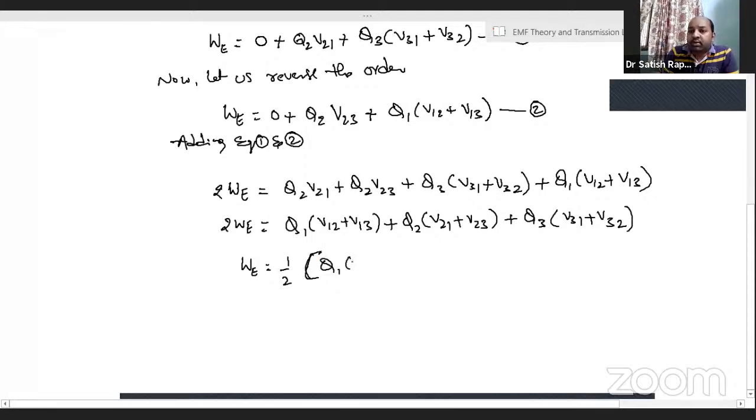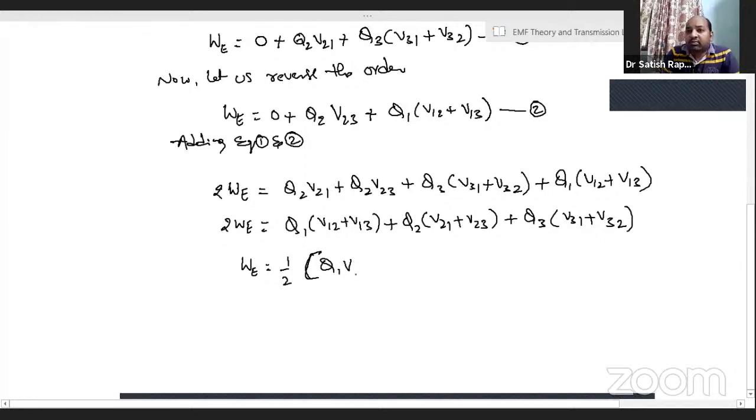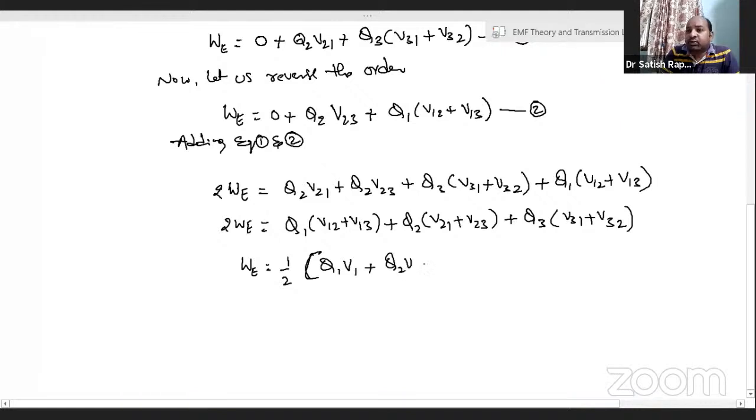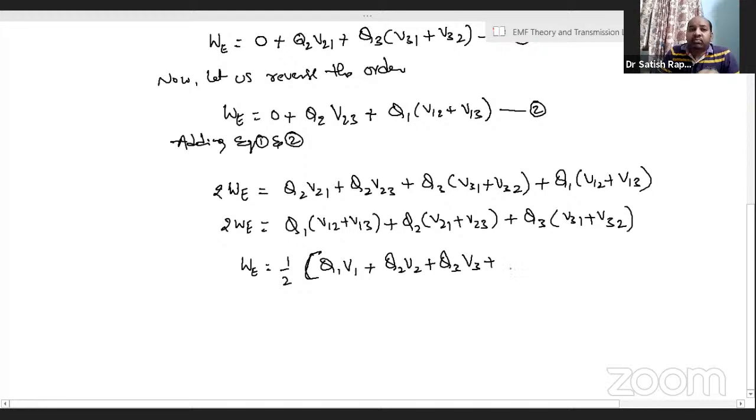Q1 V1 plus Q2 V2 plus Q3 V3. Just for an example, I have considered only 3 point charges, Q1, Q2, Q3.